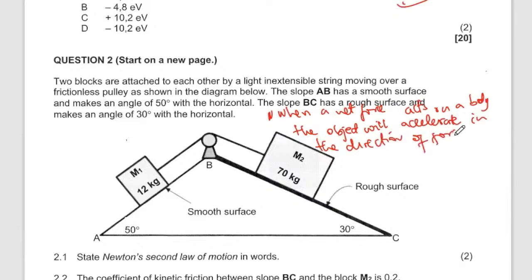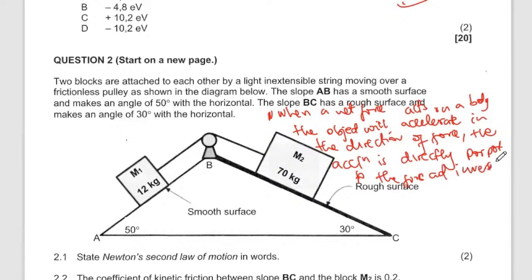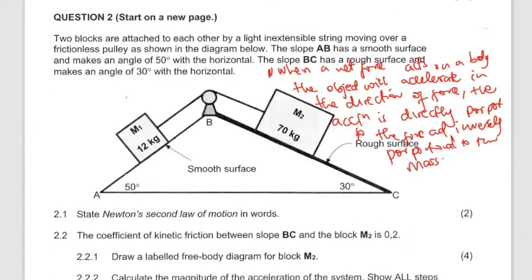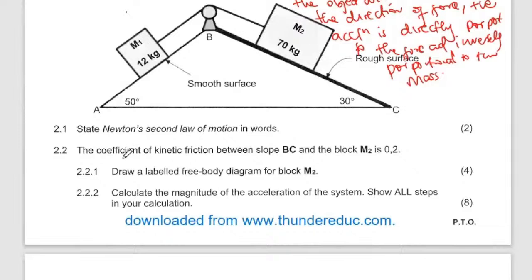And this acceleration is directly proportional to the force and inversely proportional to the mass. Just as straight as that. They're also telling us that the coefficient of kinetic friction on the slope BC is 0.2.